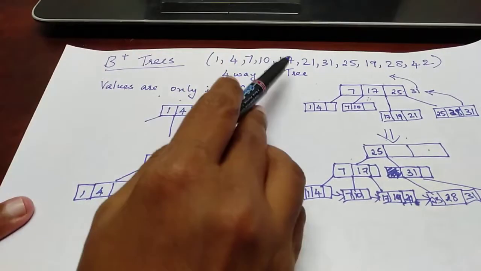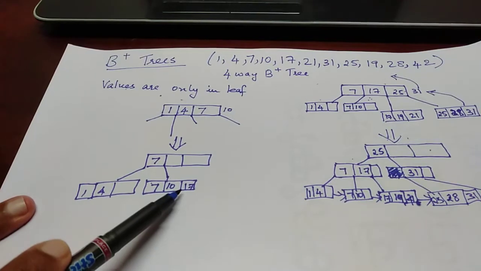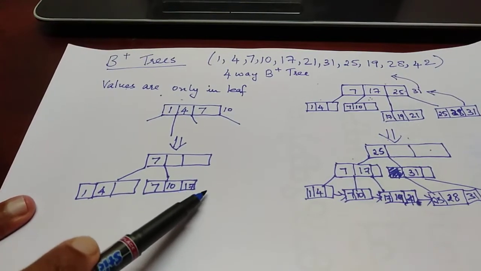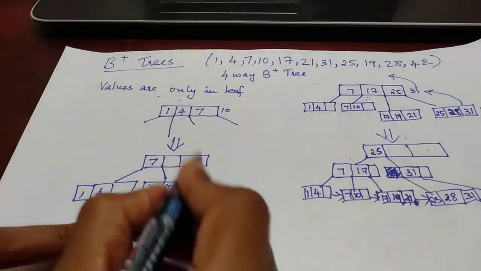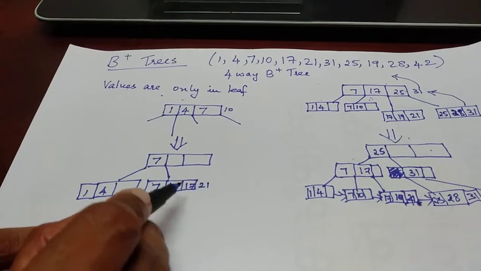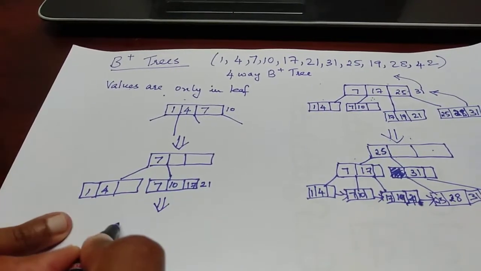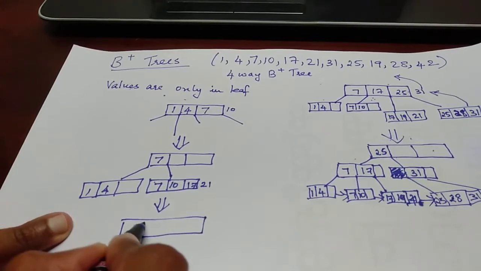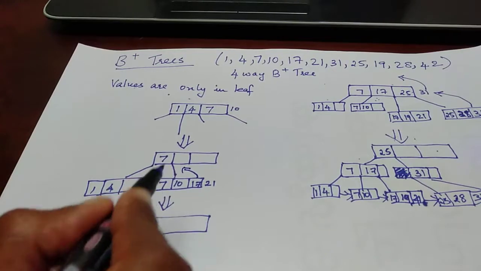Then I have got the element 21. 21 is supposed to go to the right of 17, but I do not have space over there. If I have 21 over here, I need to split this again. So what is going to happen? I have got 7 over here, and the value 17 is the number which is going to be pulled up.